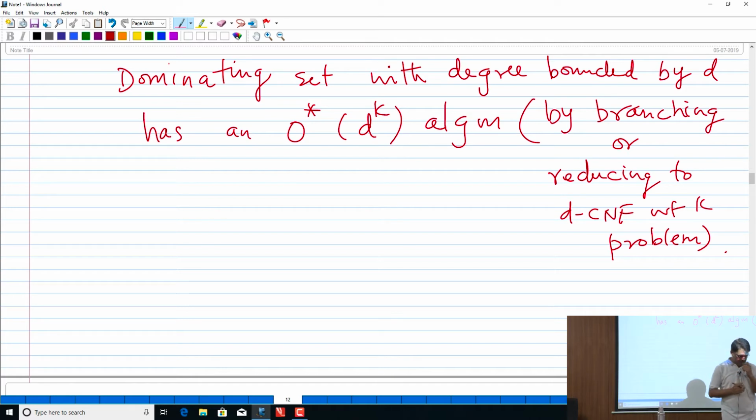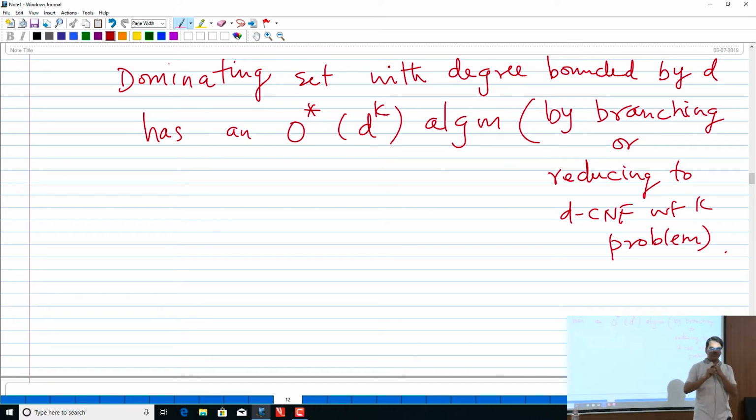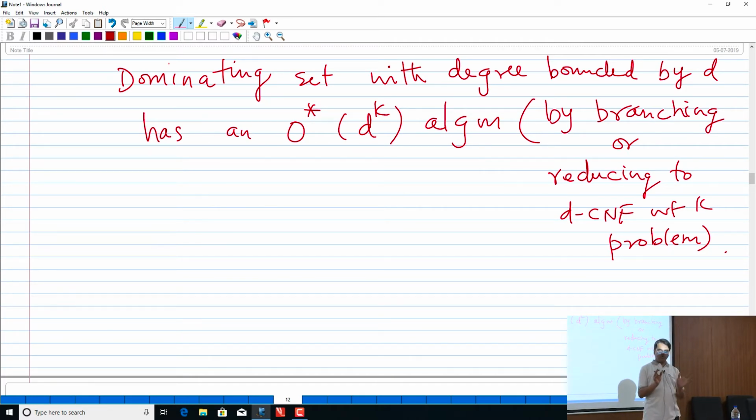My question 1: no bound on the degree or any such thing, the more general graph. Is it possible to get some f of k kernel? Kernel, remember, means that in polynomial time, I will produce an equivalent instance whose size is a function of k.